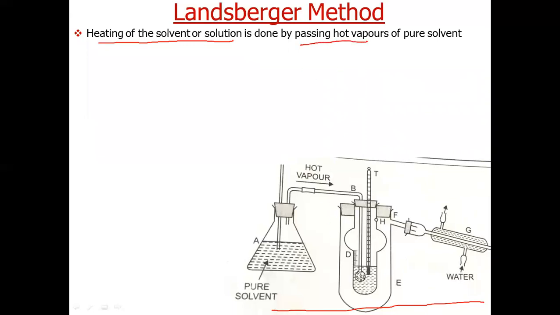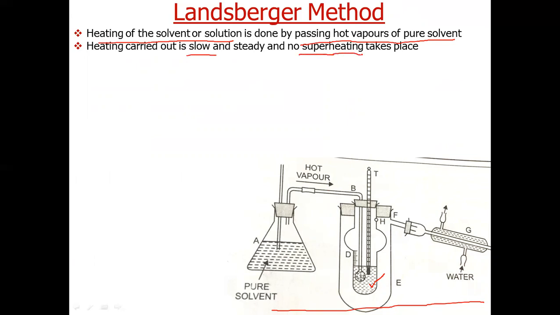We pass hot vapors of pure solvent. In this flask, we have pure solvent. We heat it and it vaporizes. Then we pass its vapor through the solution or solvent whose boiling point has to be determined. This method of heating is slow, so it obviates superheating of the solvent.